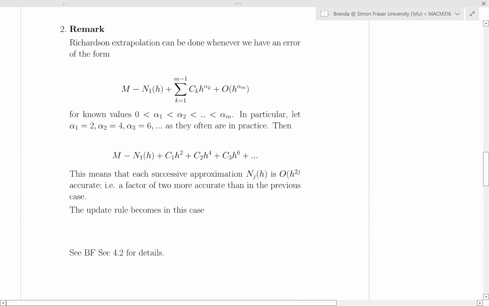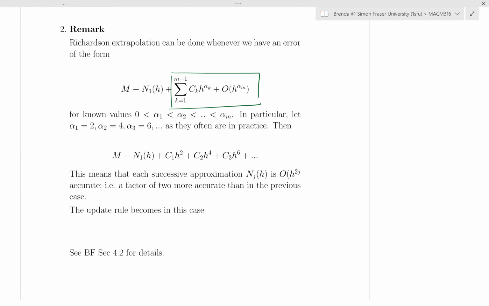It doesn't just apply to numeric differentiation. It can be done whenever the error term has this format to it. So for example, if we had something we wanted to approximate, and then we had our first approximation to it, and then the error term looked like this, it is possible to do it. So whenever the error term is looking like that, it doesn't have to be going up like every power.